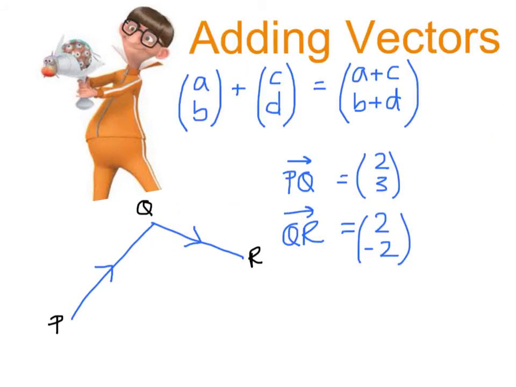So now let's think about adding vectors. So we've got the vector PQ, which is (2, 3), and then the vector QR, which is (2, -2). Now if we're looking just at the column vectors, all we have to do is add the top numbers and then add the bottom numbers.